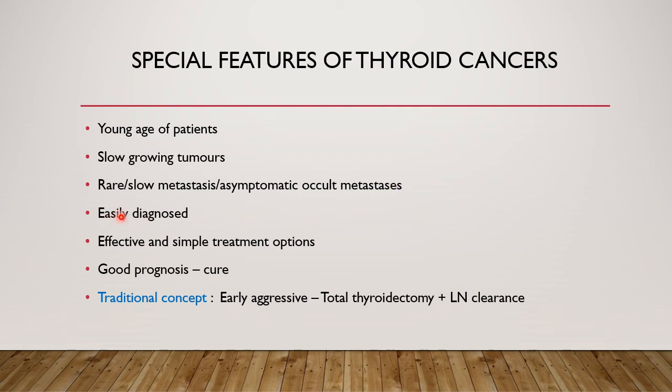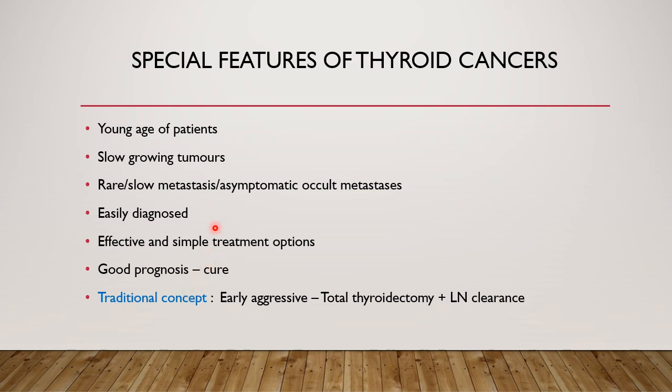Thyroid cancers are also easily diagnosed with FNAC, and there is effective and simple treatment available to control the disease. And because of all this, there is a very good prognosis for thyroid cancers. In fact, for the differentiated thyroid tumors, we are thinking of cure, not survival rate.